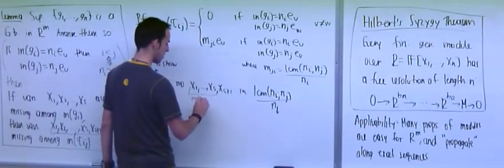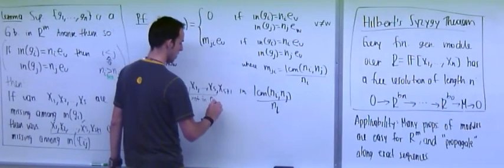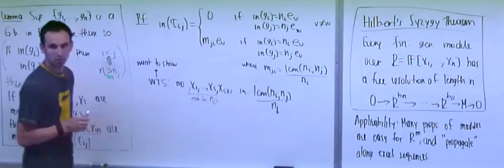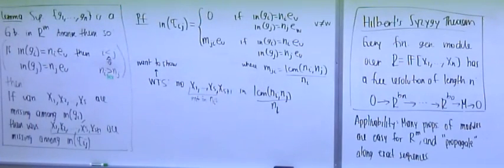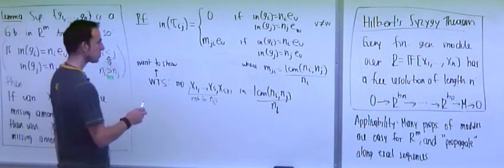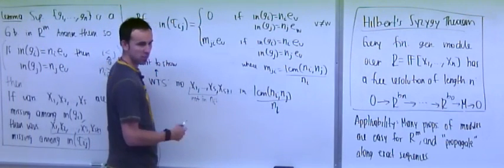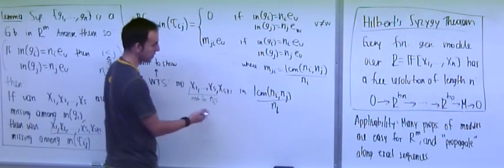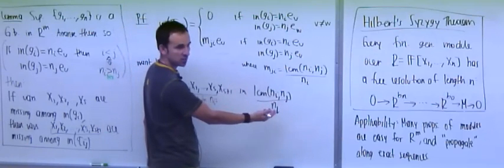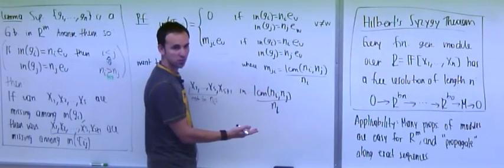But now I need to justify that the letter x_{s+1} disappears. Why does it disappear? Let's assume that it doesn't. First of all, if it doesn't exist in n_i and n_j, then there's nothing to prove.